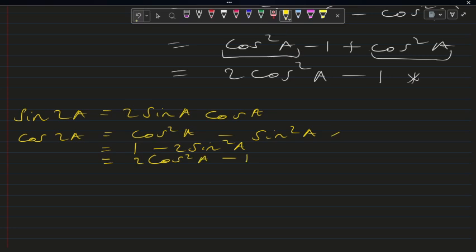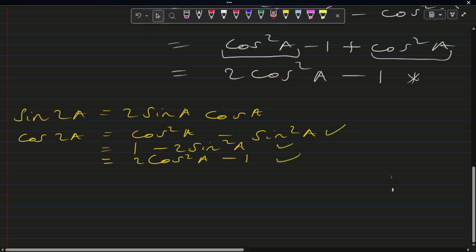So these are the three representations of cos 2a, the double angle formula for the cos ratio.